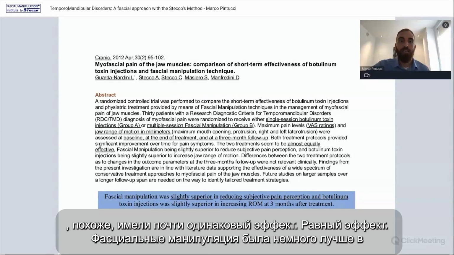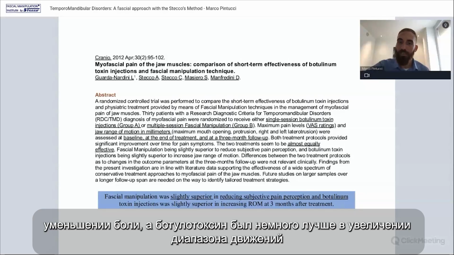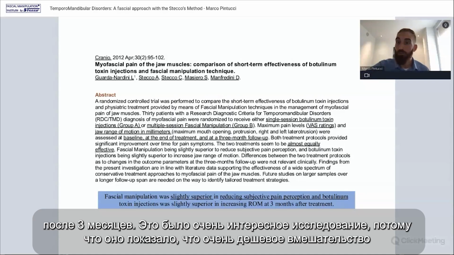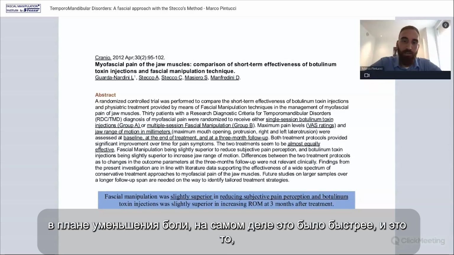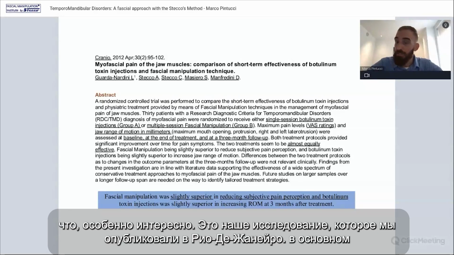Fascial manipulation was slightly superior in reducing pain, and botulinum toxin was a little superior in increasing the range of motion after 3 months. It was a very interesting study because it showed that a very low-cost intervention, compared to botulinum therapy, was able to have the same result, and in terms of pain reduction it was actually quicker. And this is particularly interesting.